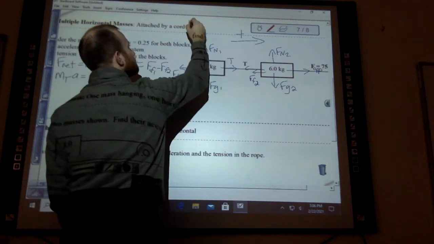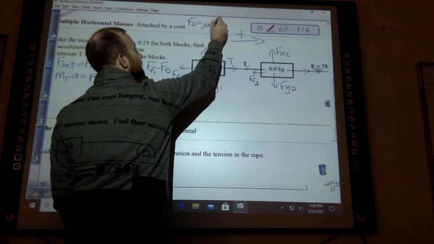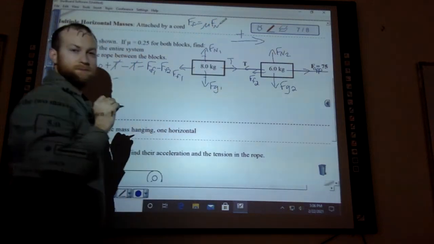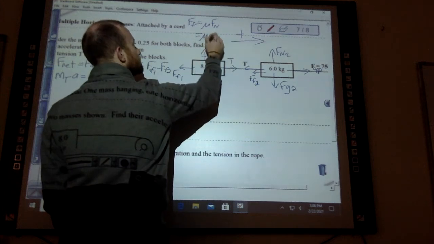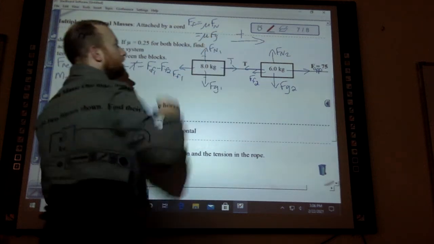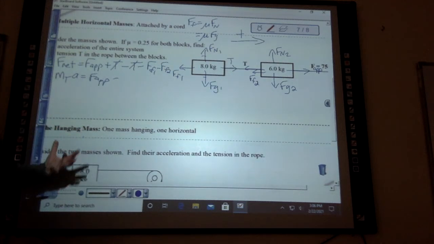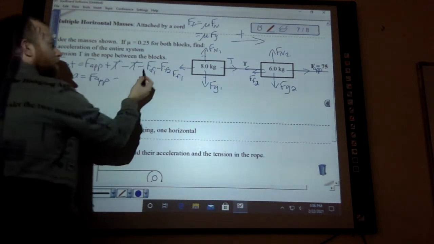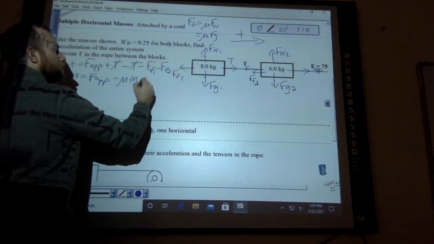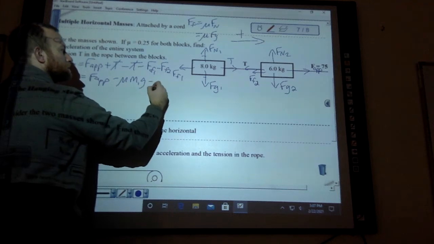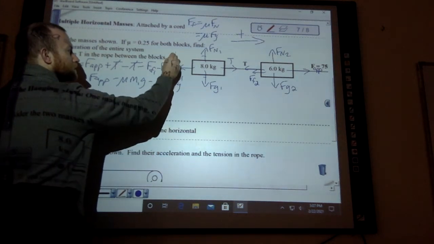Let me just show that up here. So force of friction is equal to mu Fn. In this case, Fn is equal to Fg, and Fg equals mg. I'm essentially just restating that. So for force of friction 1, I've got mu m1g minus mu m2g. Sorry, this is a bit crowded.